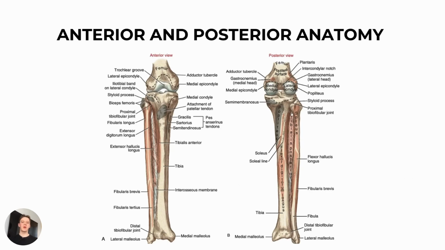If we take a look at the anterior and posterior anatomy here, we see that both the tibia and fibula are connected with the interosseous membrane, as we had the same membrane in our forearm as well. You can also see the line of the capsule here, both anteriorly and posteriorly. As the fibula doesn't participate in the joint making, it is outside of the capsule.